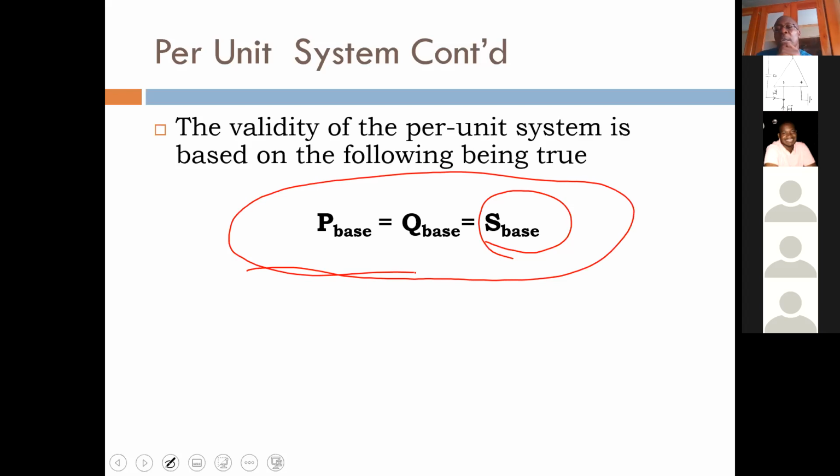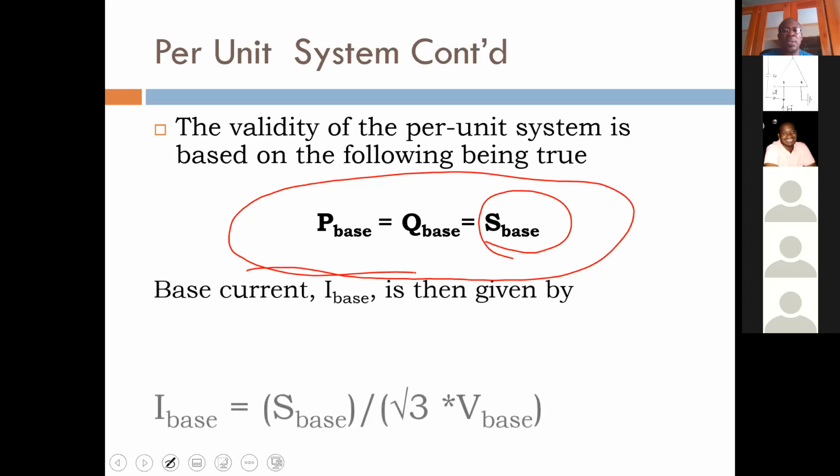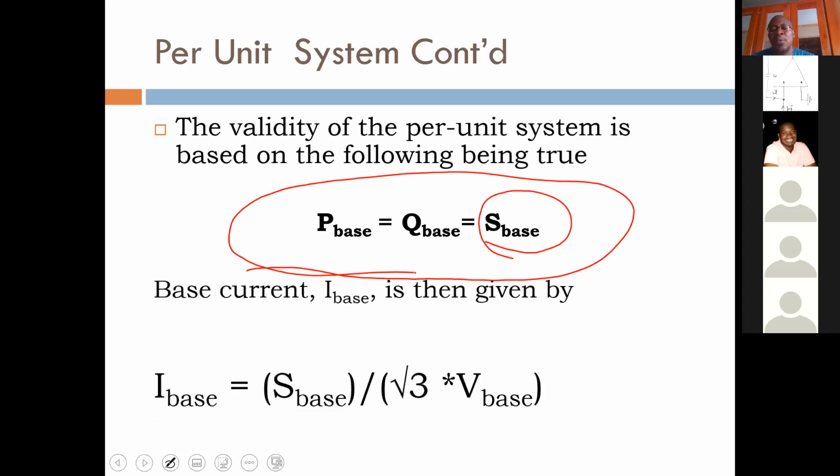Now remember, although we said you could also use single phase and three phase, we also said that, yes? However, if you have S base, it means that you can find what we call derived quantities, because if I have S and V, I can find I and I can find Z. So your base current is therefore given by S base over √3 times V base.